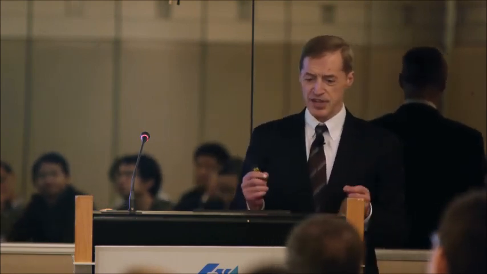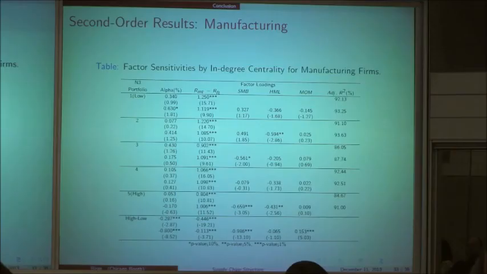But that's just the first order effect. That's just their direct connections. What's actually happening in these firms that are up here and that have lots of connections is they're making their connections sort of strategically in ways in which they're trying to mitigate risk. So they're mitigating risk by making all these connections. Mitigating risk, lowering their systemic risk, actually leads to lower returns. So higher connectivity in this case leads to lower returns.